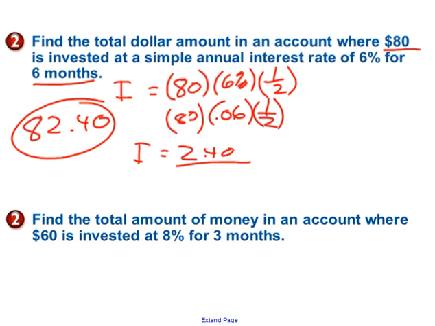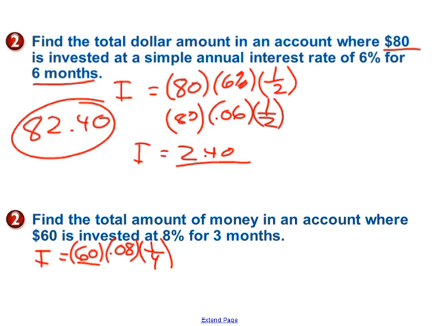Find the total amount of money in an account where $60 is invested at 8% for 3 months. So the interest earned is equal to the principal, which is $60, times the interest rate, which is 0.08 in decimal form. 8% interest becomes 0.08 in decimal form, and 3 months is 1/4 of the year.